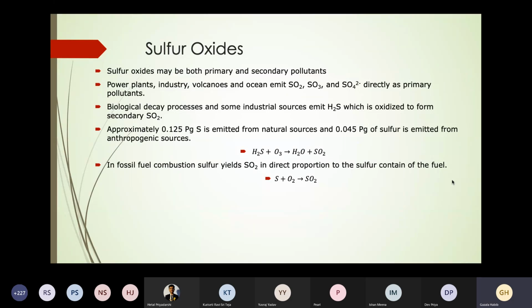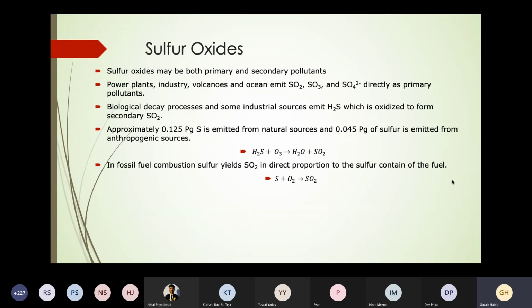I don't remember the exact amount, but comparatively the sulfur dioxide emission in India from thermal power plants is less compared to what it could be from burning American coal in thermal power plants.